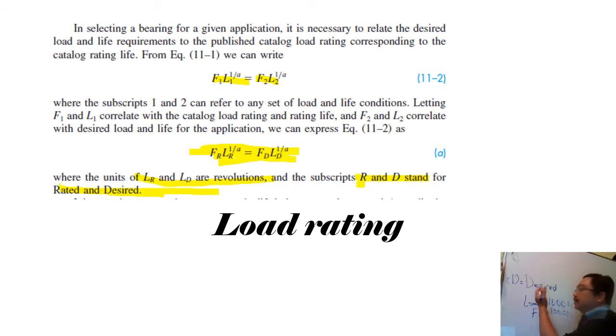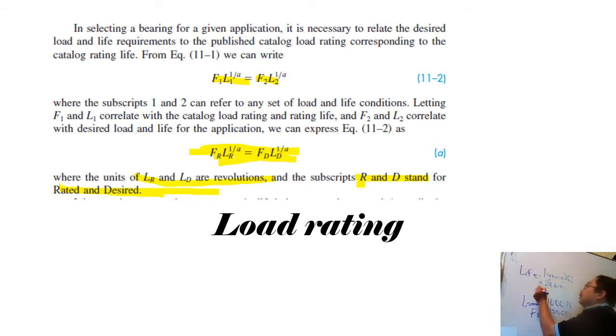The same goes for the LD. LD is the life in revolution. Let's say you want it to revolve for how many months, how many years. Let's say for 1 year times 365 days times 24 hours.